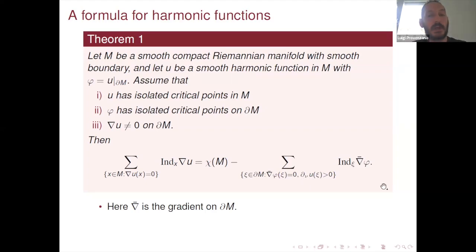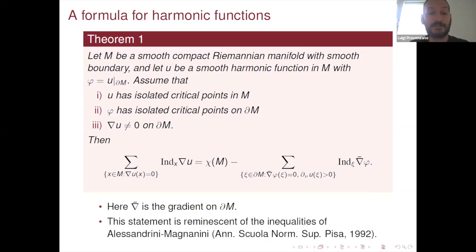Okay, so this is a formula with this equality. So we have this identity that relates the indexes of the two functions, U on the interior, phi on the boundary, and the Euler characteristic and the topology of the manifold.